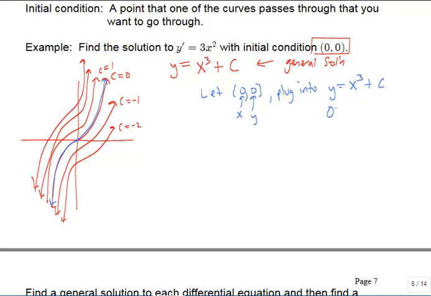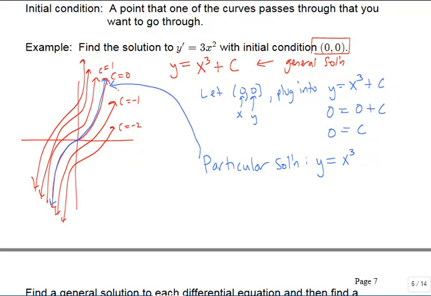If I let y be 0 and x be 0, then that tells me that c must be 0. So this would be called my particular solution, and its particular equation would just be y equals x cubed, and the c is 0, so there would be no plus c on the end. And that's this particular graph right here.